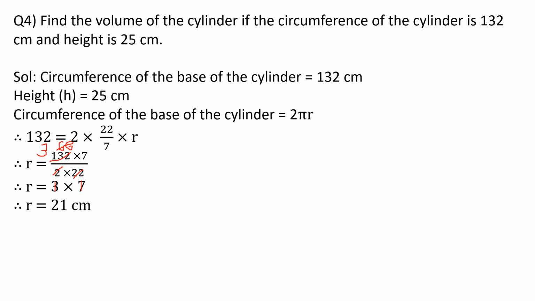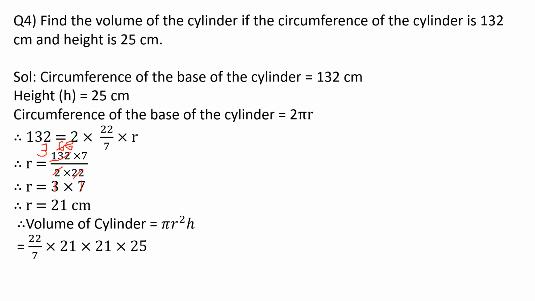Now you got the radius and you already have the height, that is 25 centimeter. So you can find the volume of the cylinder. Therefore volume of cylinder is equal to pi r square h. You'll substitute the values: 22 upon 7 into r, you got 21, into 21 into 25. Now student, you can cancel this, 7 ones are 7 and 7 threes are 21, so you'll write down 3 here.